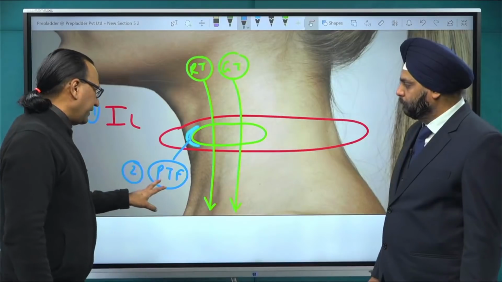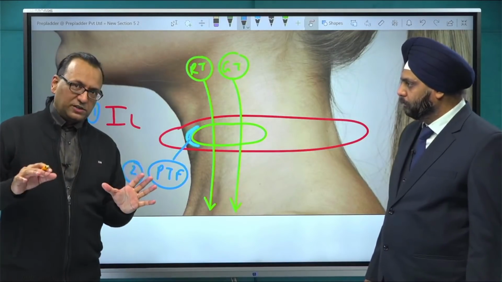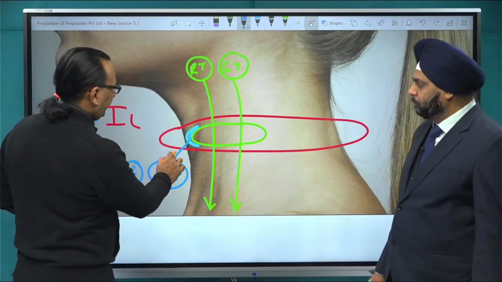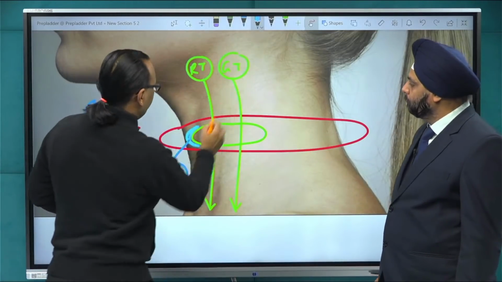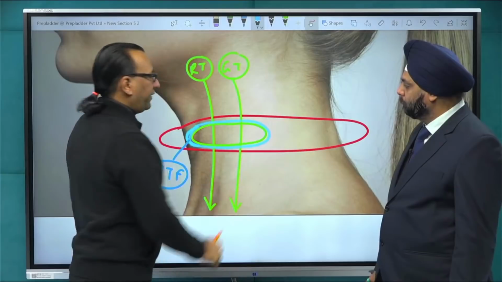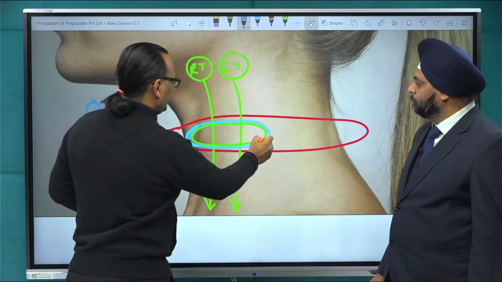Now this pretracheal, because it is in front of the trachea, we say pretracheal, but it has further subclassification. And this pretracheal fascia, when you follow it around the gut tube, gets a modification called the buccopharyngeal fascia.